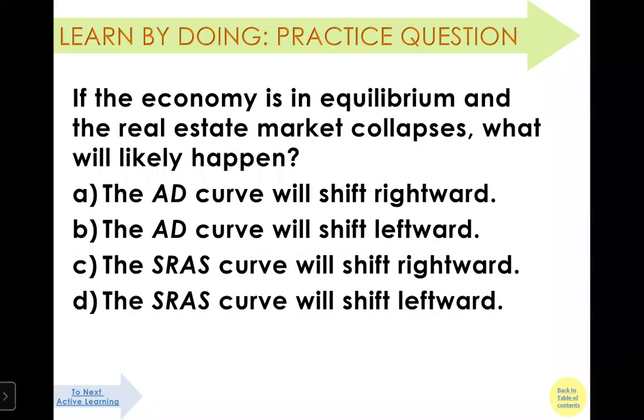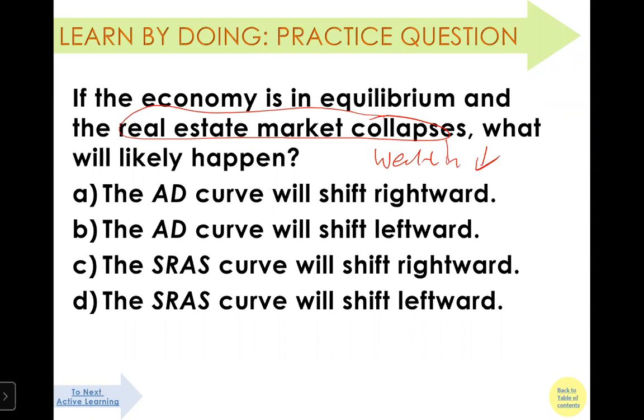Okay. Now we can look at these practice questions. If the economy is in equilibrium and the real estate market collapses, what will likely happen? This exactly reflects what we just discussed. A housing market collapse leads wealth to decline, and then you want to cut your spending.